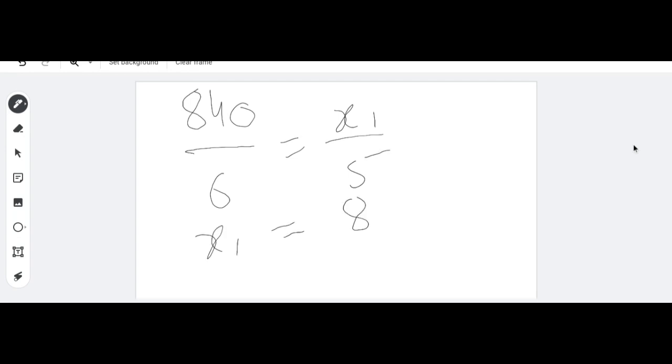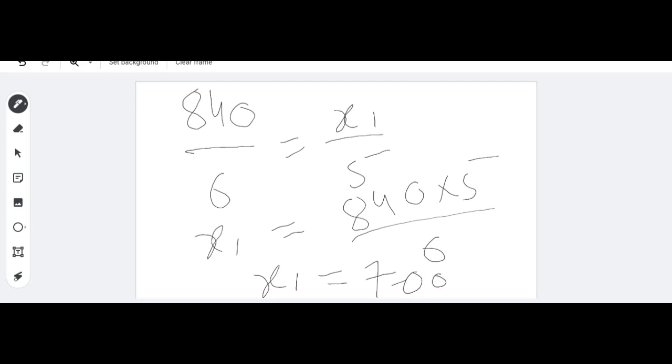Then 840 multiplied by 5 is divided by 6. Now give me the answer of x1. 840 into 5 divided by 6. 700. Correct answer. Very good.